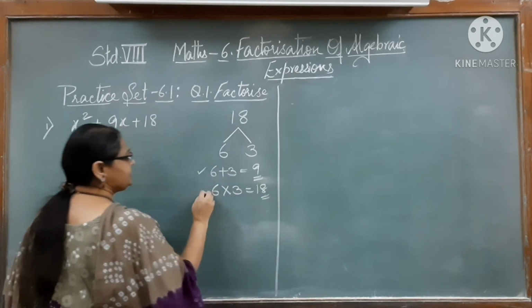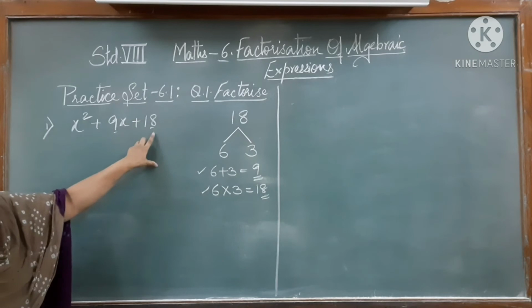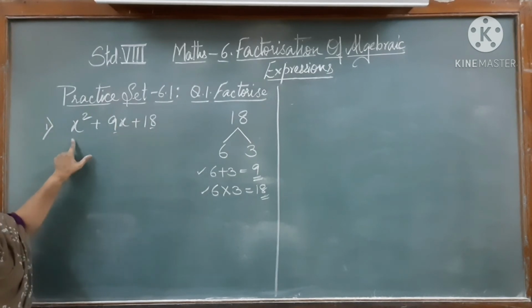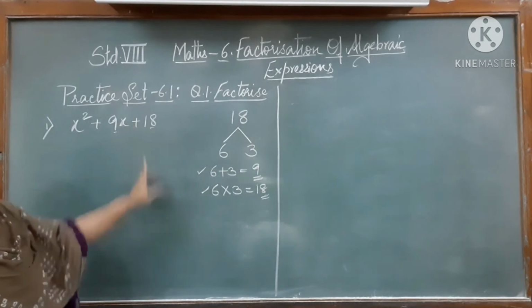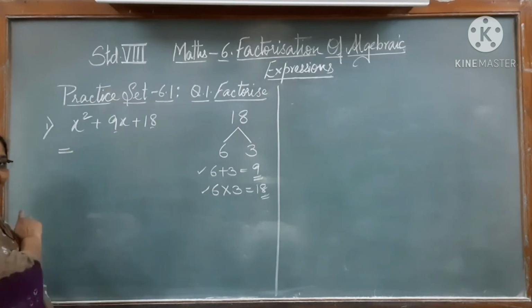So I get the constant term 18, which is the product of the coefficient of the first term, the square term, and the constant. So let me just solve and find factors now.